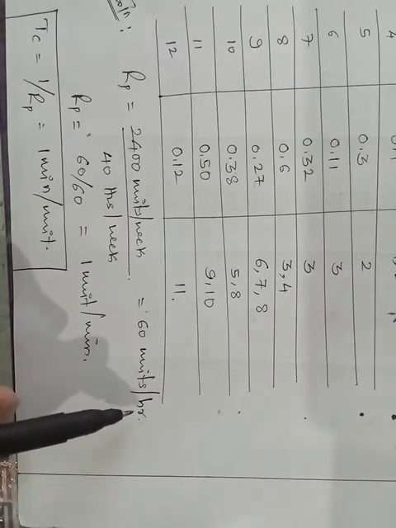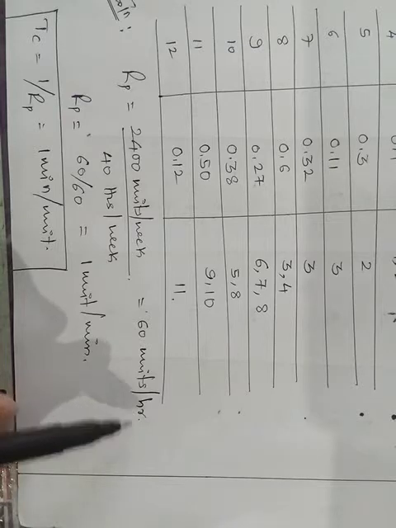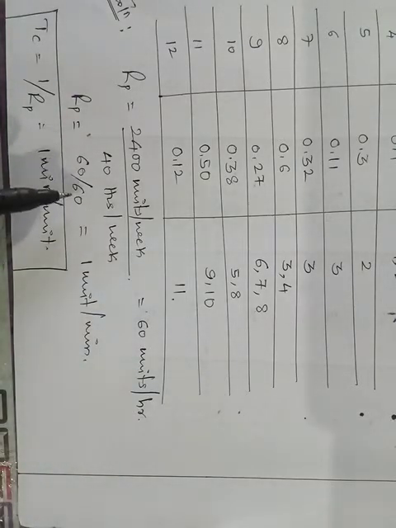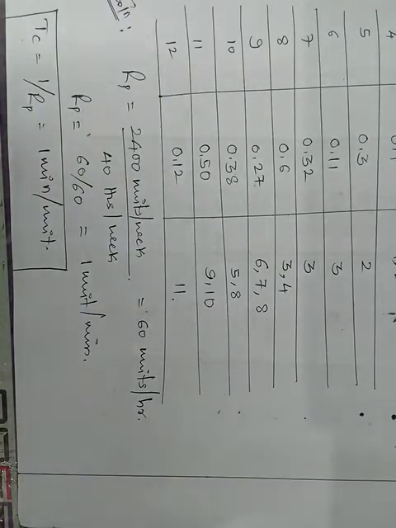So if you want to convert hour into minutes, you should divide by 60. That is what I have done. 60 divided by 60, the outcome is 1 unit per minute. We all know that TC is equal to 1 divided by RP. So value of RP is 1. So 1 divided by 1, the outcome is 1 minute per unit. So the cycle time for this particular problem is 1 minute. Right? Fine. So this is the prerequisite required.